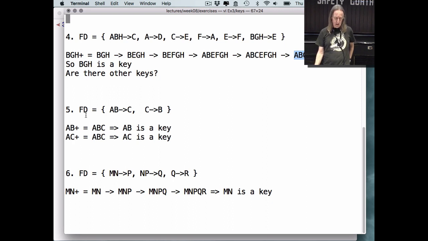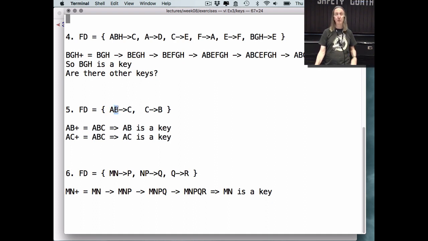Alright, here's another one. Right, so a very simple one. We've only got two functional dependencies. I can't take any individual attribute and derive all the others. If I start from A, well, I got nothing, because the only way I can do a derivation from here is to have A and B. If I start from B, once again, same problem.